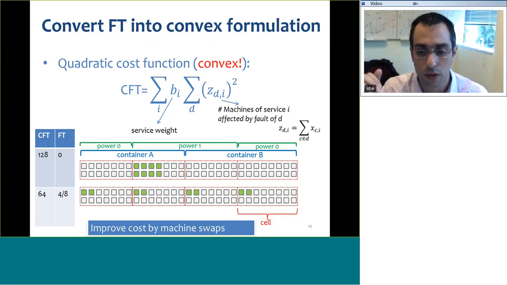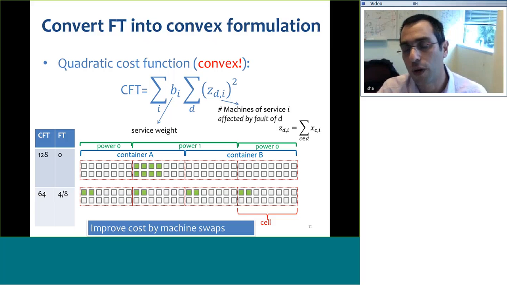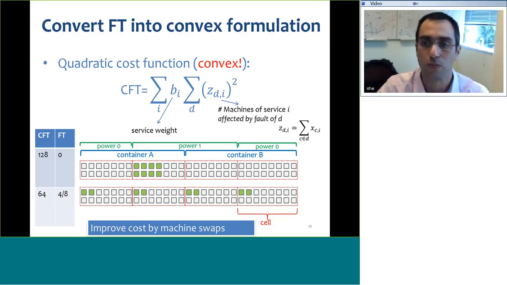You can gradually reduce the cost, and actually increase the fault tolerance, without having to remember what you did so far. So it's like a memory-less approach, which was very important to the product groups. They don't want an algorithm where you start calculating things, something goes down, and then you have to go figure out where you were and what you want to do. So in this context, this is very simple and intuitive and nice to work with.